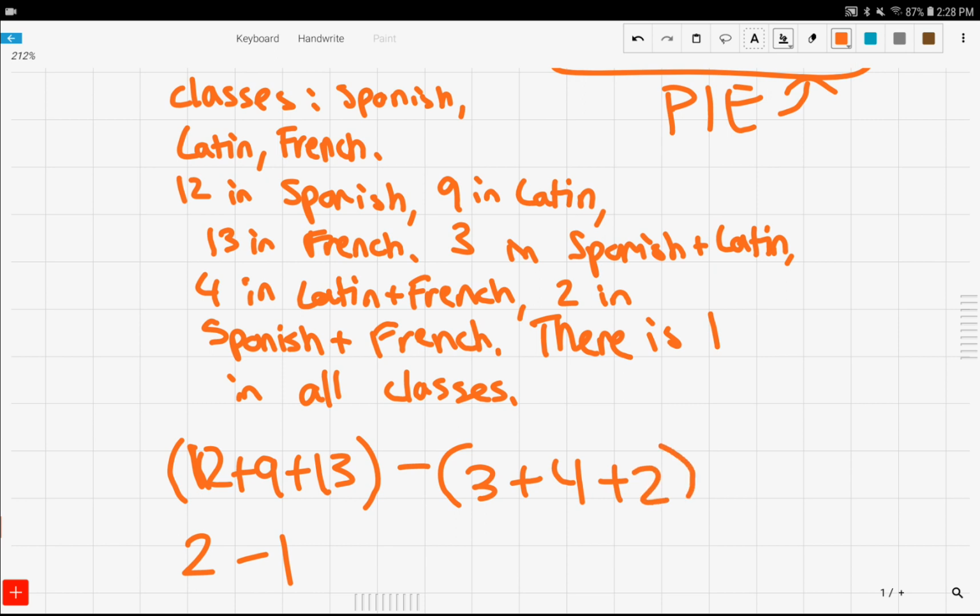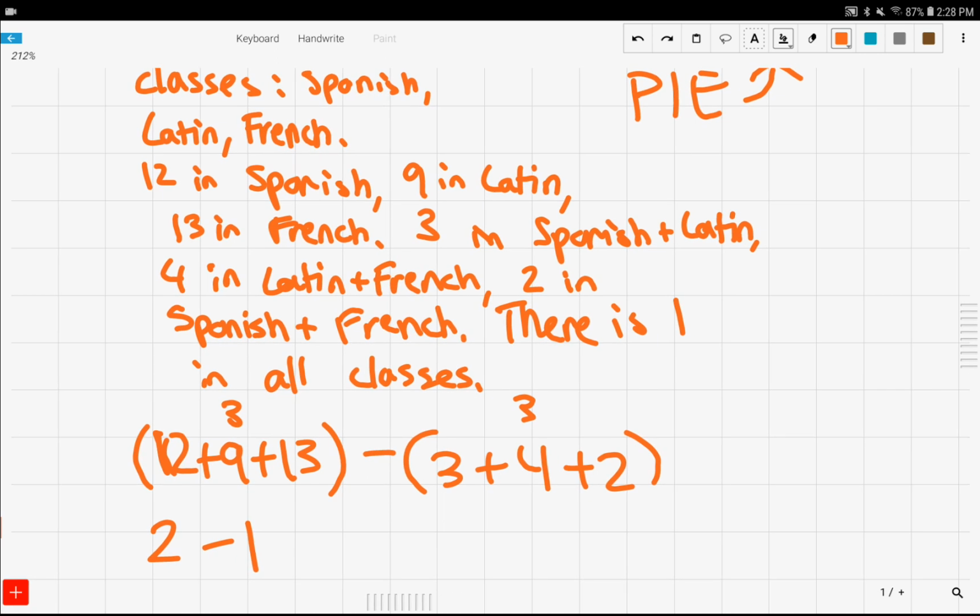And lastly, let's take a look at our people in all classes, of which there is only one person. So this person in all of the classes is counted 3 times in the 12 plus 9 plus 13, and then is subtracted 3 times again, because there are 3 of these pairs, and they've been counted in all of them.